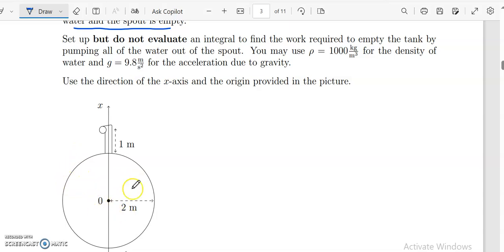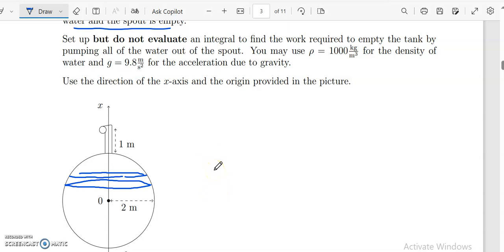Okay, so what we do here is, there is water in the entire sphere. So let us consider different slices of water. Now what we are going to do is we'll take out each slice of water, and that way we are going to empty the tank.